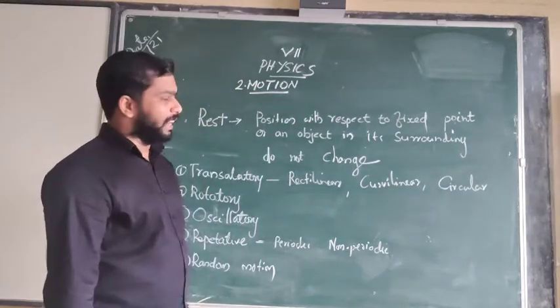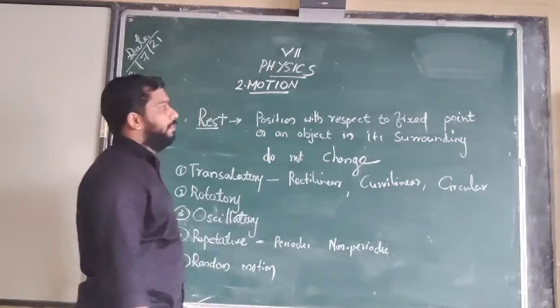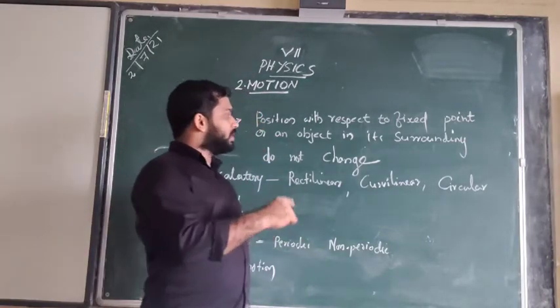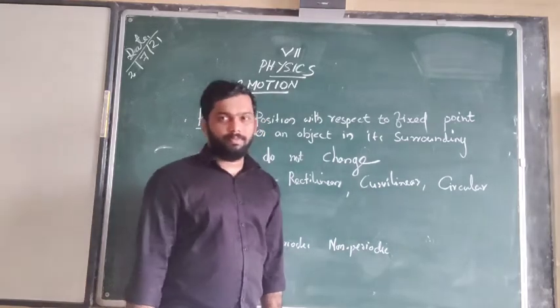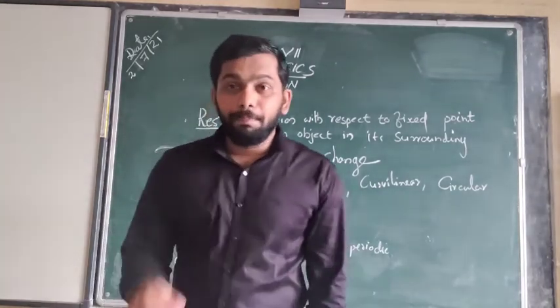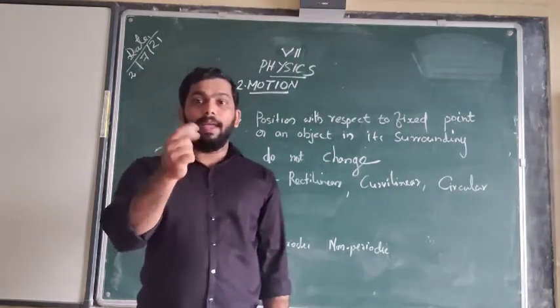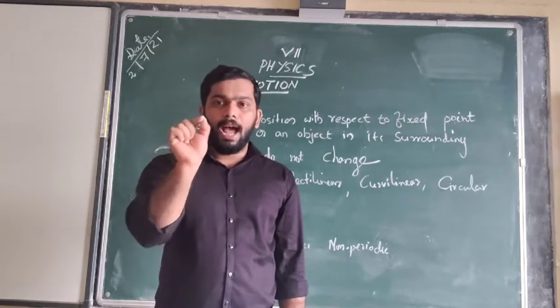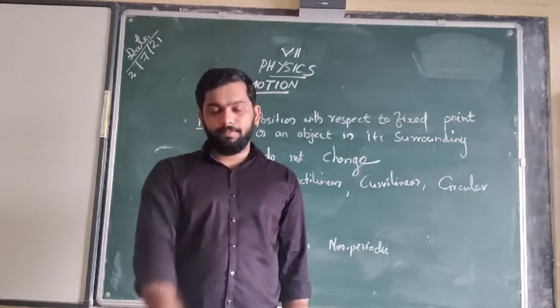In physics, rest means the position with respect to a fixed point or an object in its surrounding does not change. Do you understand? If the position of the body with respect to its surrounding is not changing, then I can say that the body is at rest.